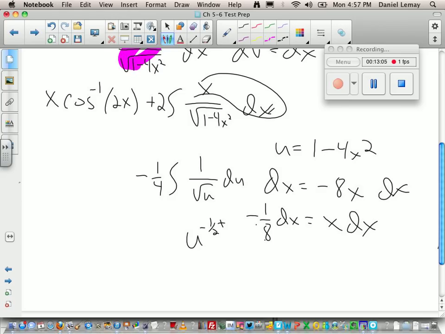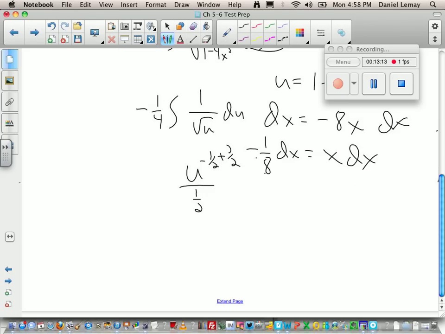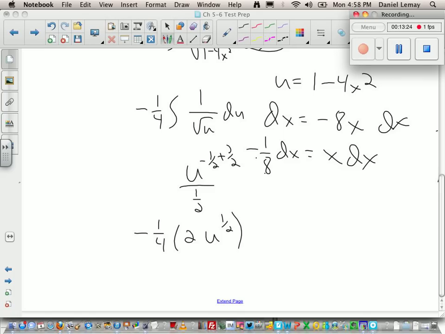I'm going to add 1, divide by the 1/2, which is the same thing as multiplying by 2. So I get negative 1/4 times 2 u to the 1/2. And u we said was 1 minus 4x squared.